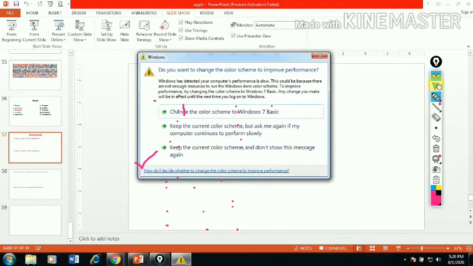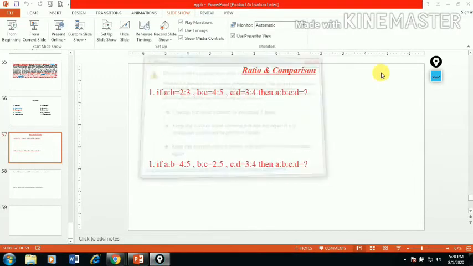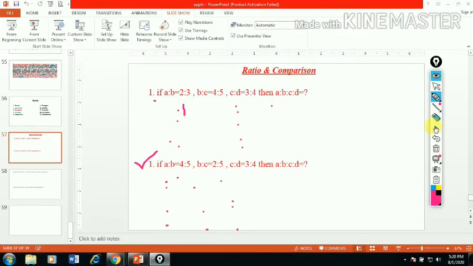So solve the next problem. This is the easiest way of solution. So next.